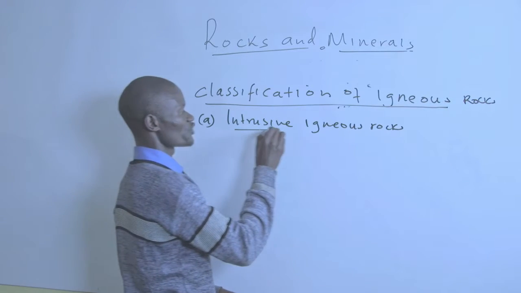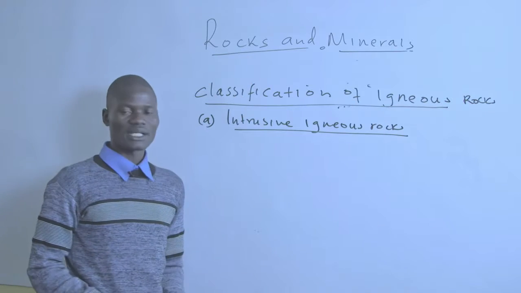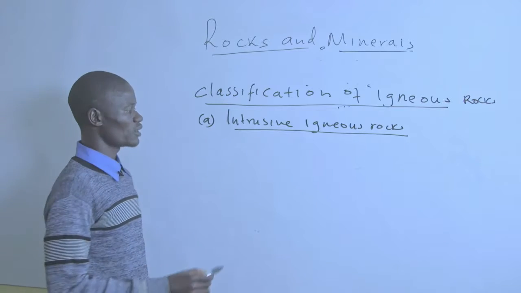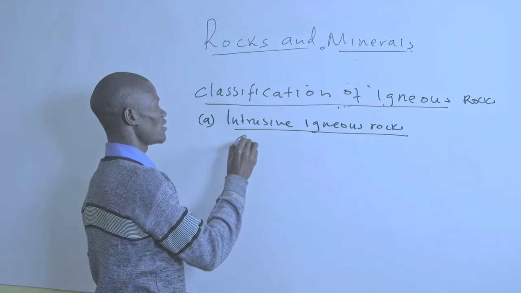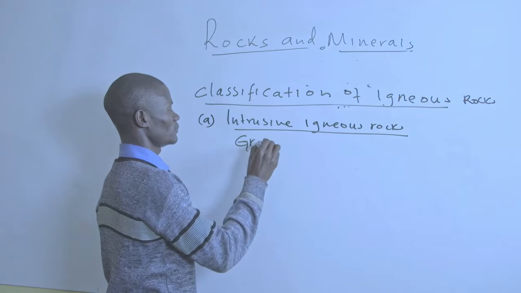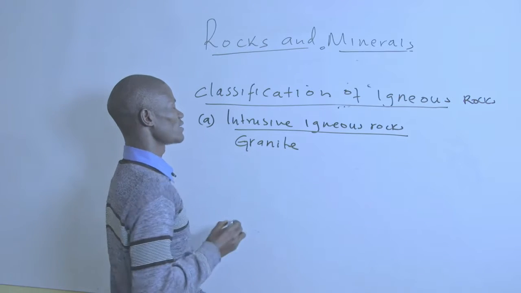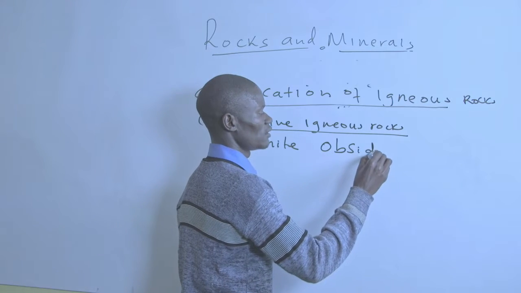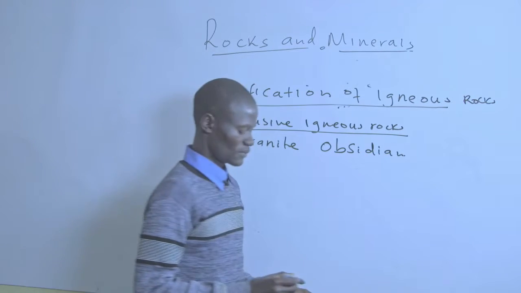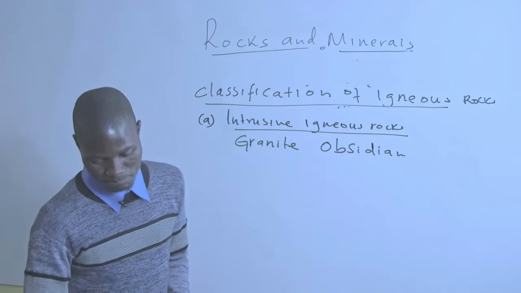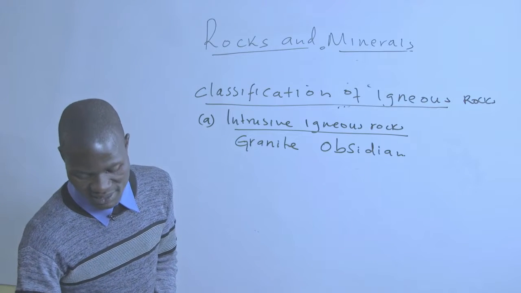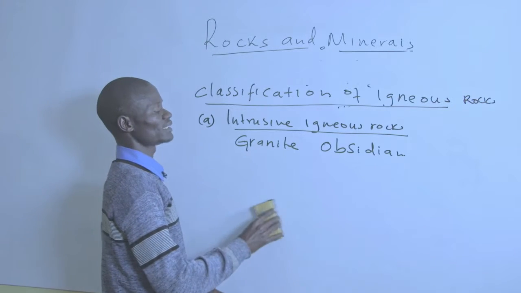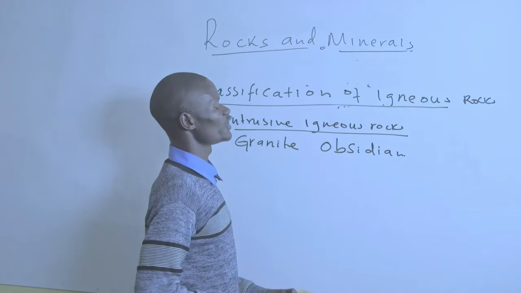Examples of rocks we can classify as intrusive igneous rocks are granite and dolerite.